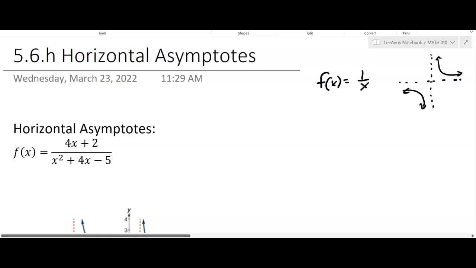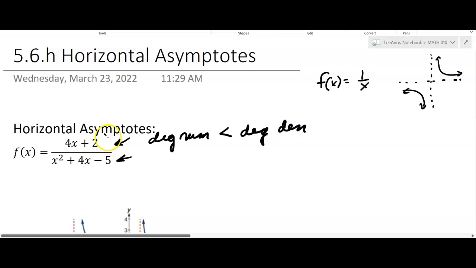So with horizontal asymptotes, there's three cases, kind of four, but we'll just say three cases. First of all, it goes by the degree of the polynomial in the numerator and the polynomial in the denominator. So if the degree of the numerator is less than the degree of the denominator.